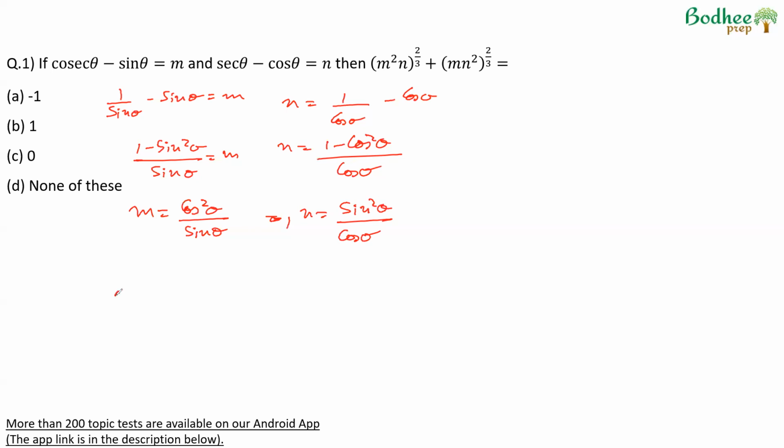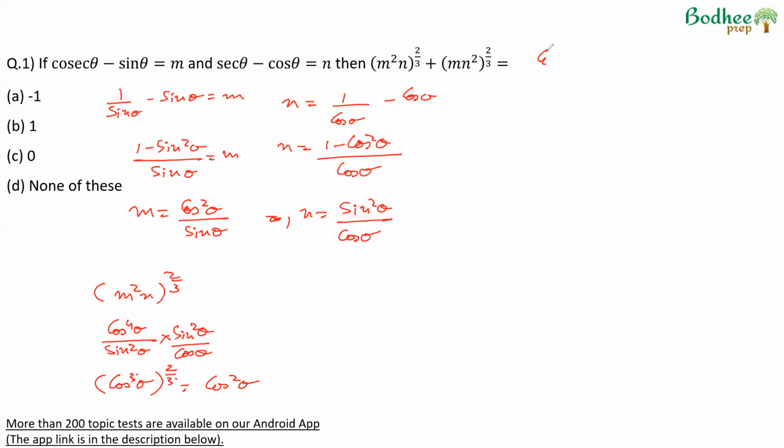So if we find the value of m square n, we will get cos 4 theta upon sin square theta into sin square theta upon cos theta. So this will give us cos cube theta. This is raised to the power 2 by 3, and therefore the cube and cube root cancel out. So we will get cos square theta.